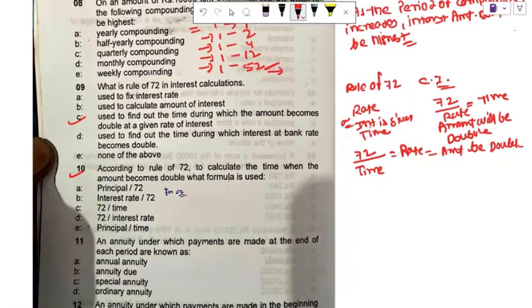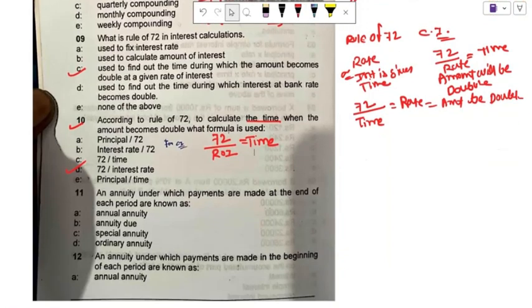According to the rule of 72, calculate the time when the amount becomes double. What is the formula? Here time is asked. So it will be 72 upon ROI. So option D is the right answer.